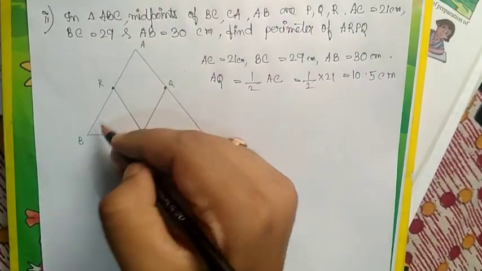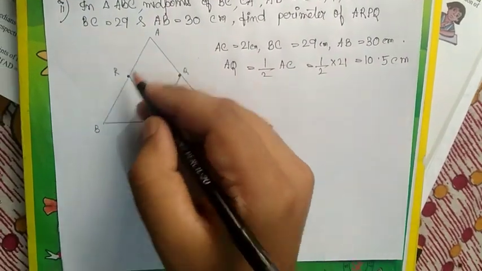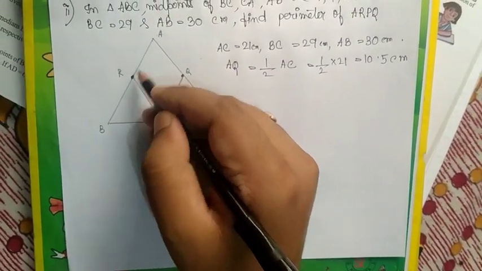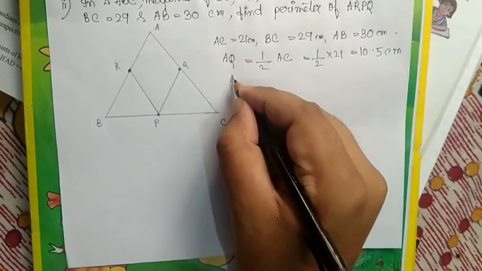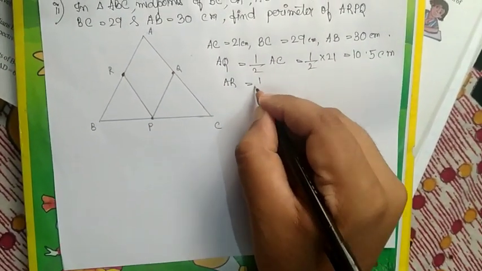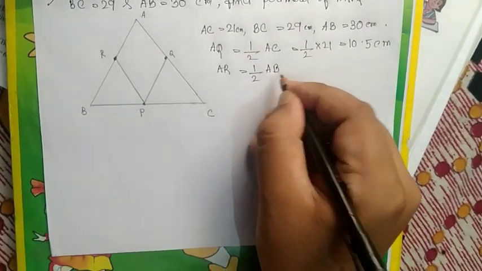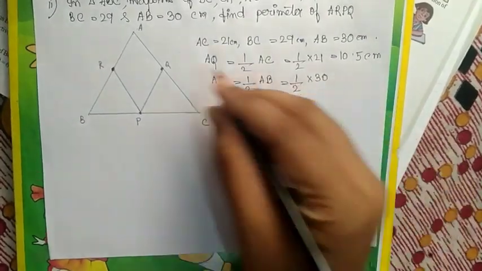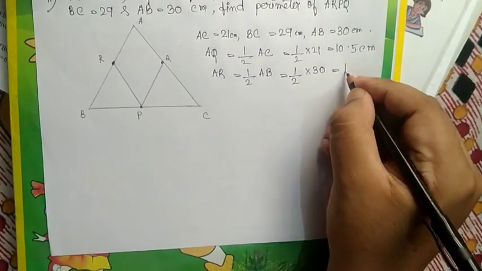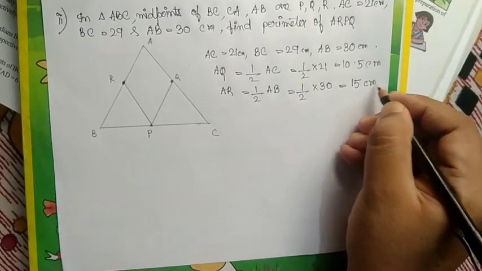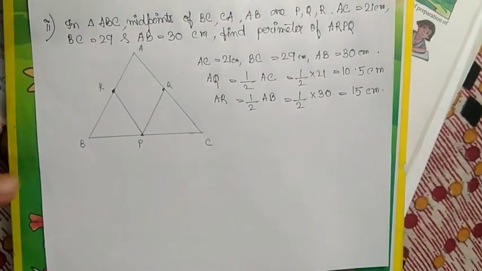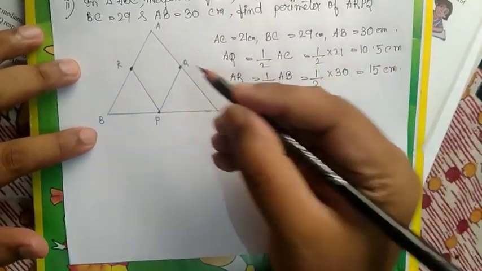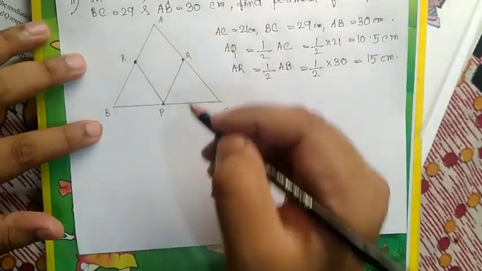The same as AB equal to 30 centimeter and R is the midpoint, so therefore AR equal to half of AB, and the value of AB is 30 centimeter, so therefore AR is 15 centimeter. Now after that we have to find the value of PQ and the value of PR.